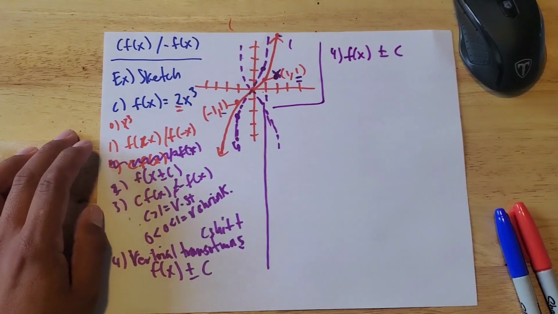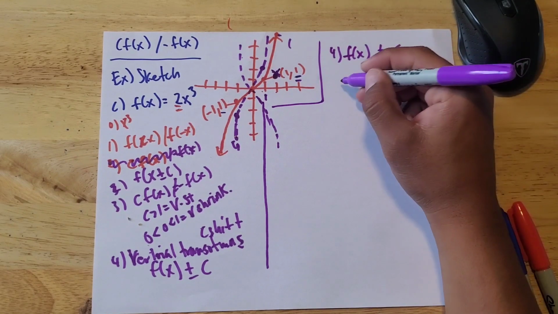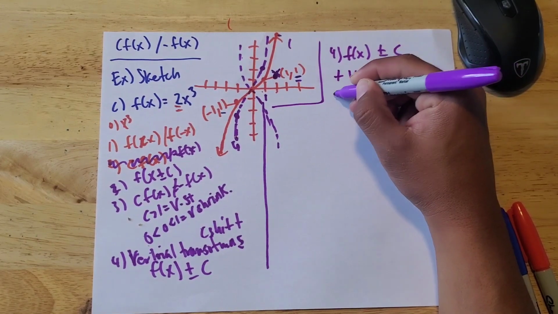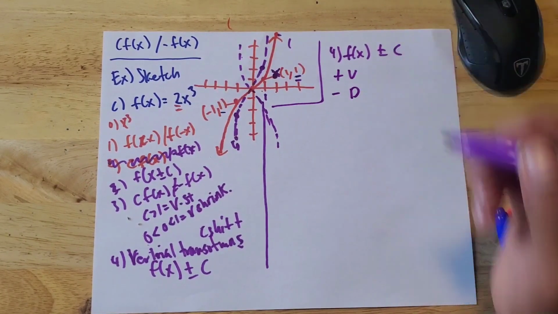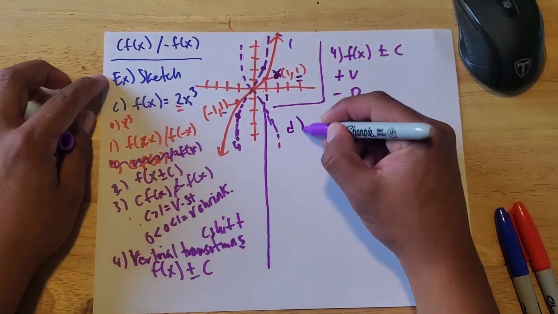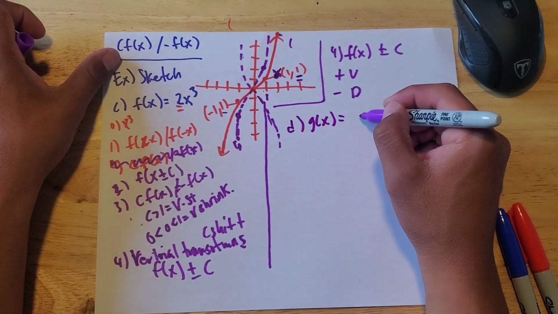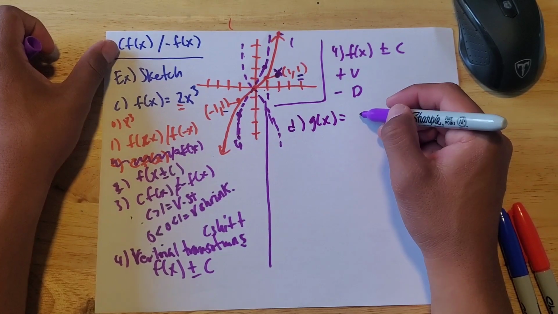And this is usually straightforward. So if you have a positive, it's up. You have a negative, it's down.